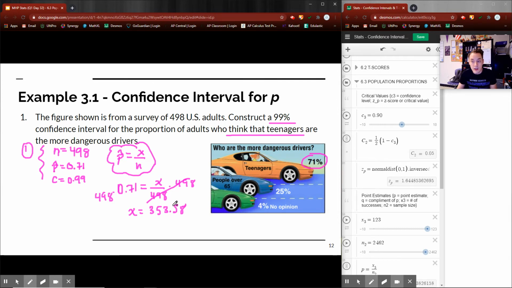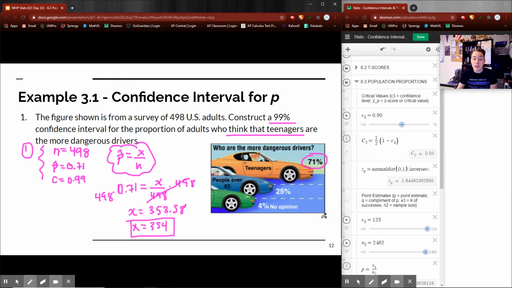Now, you can round, of course. It doesn't really matter how you round this. I'll probably round up, so I'll say x equals 354.